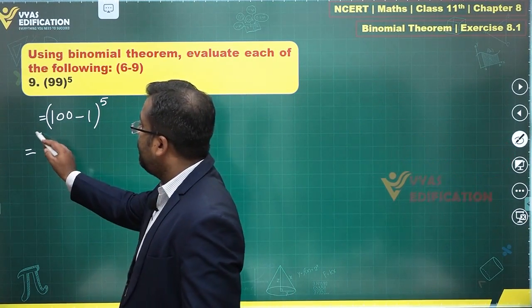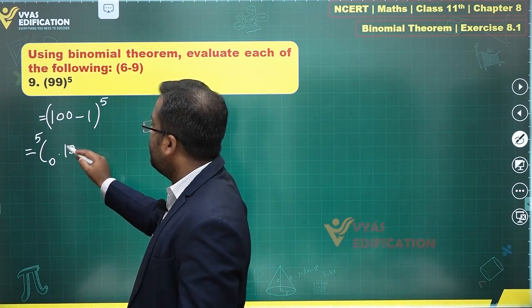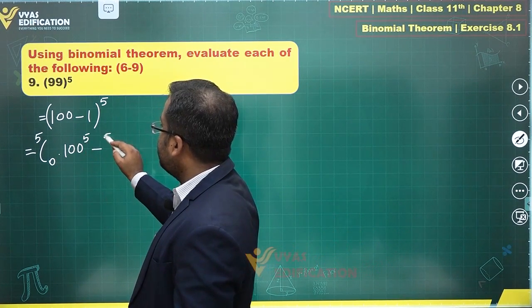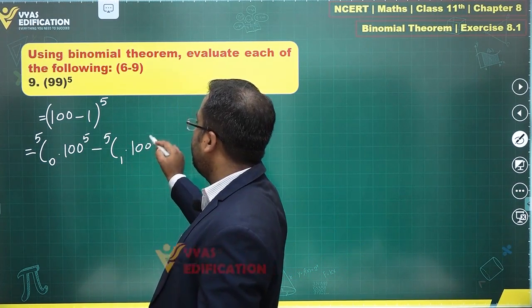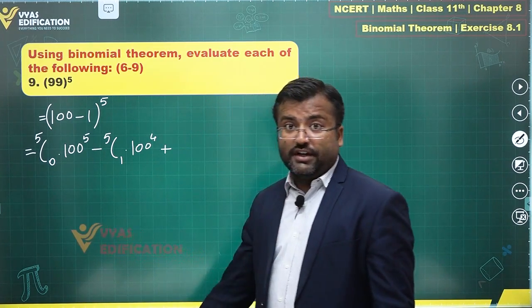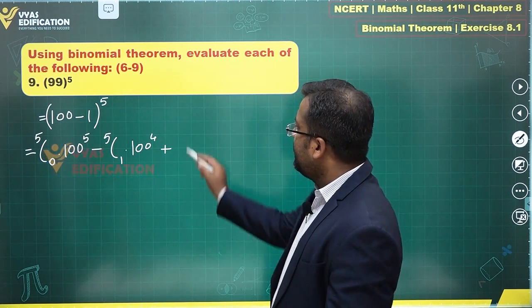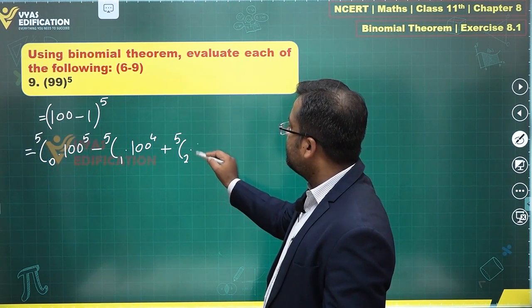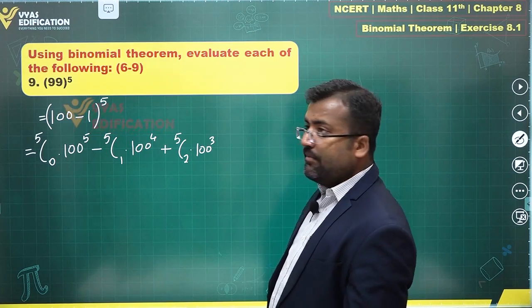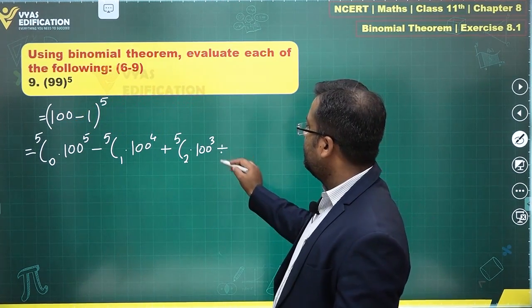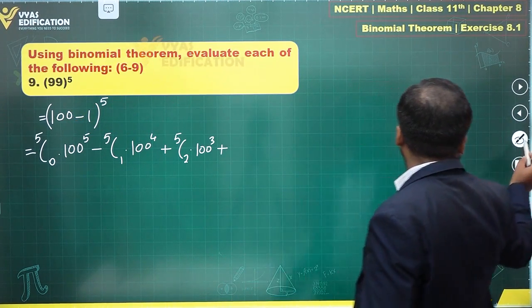So this is 5C0 times 100 power 5 minus 5C1 times 100 power 4 plus, alternate plus minus sign. This would be minus 1 power 1, which is simply minus. Then you have 5C2 times 100 power 3. Minus 1 square will be plus 1. The next term will be minus actually.